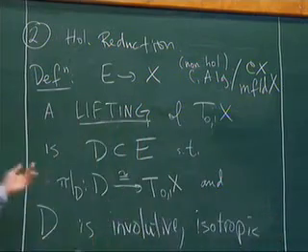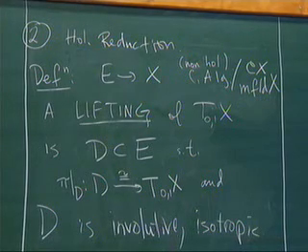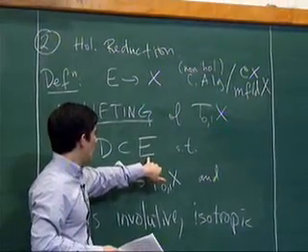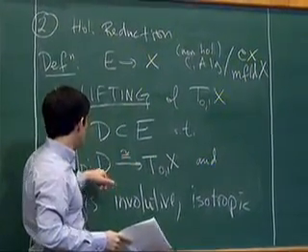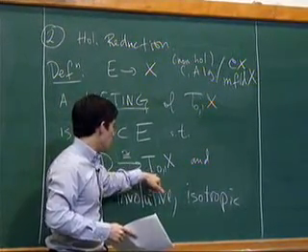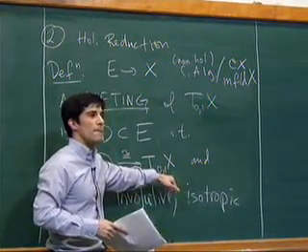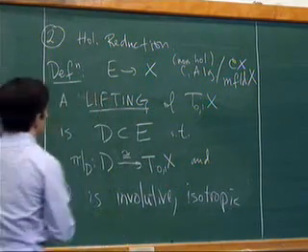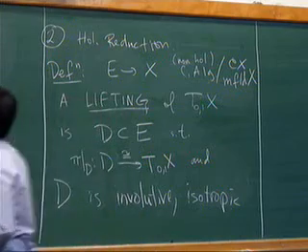The reason I called it D is because it's almost like a Dirac structure. It's an isotropic, involutive subbundle of the Courant algebroid. It's just the wrong dimension. Since this is an isomorphism to T01 X, it's half the dimension of what it's supposed to be. So it's just a little mini Dirac structure.